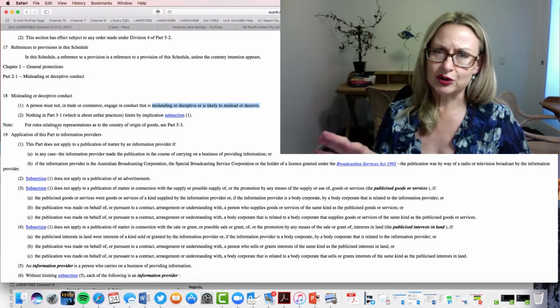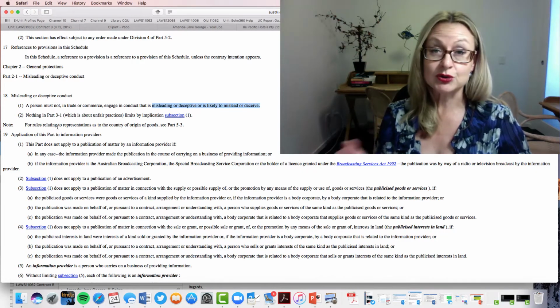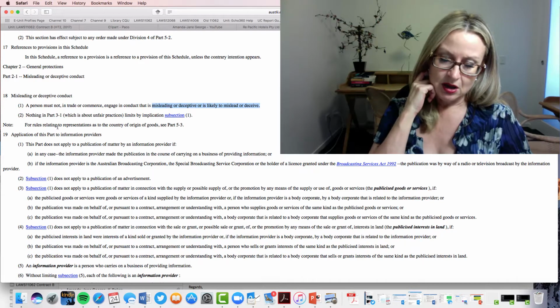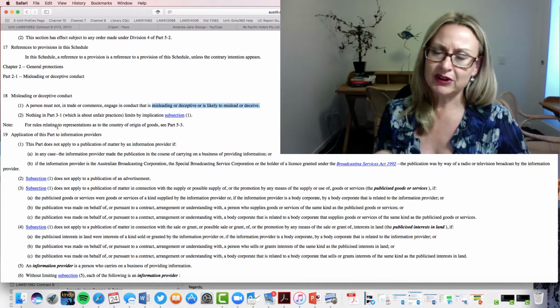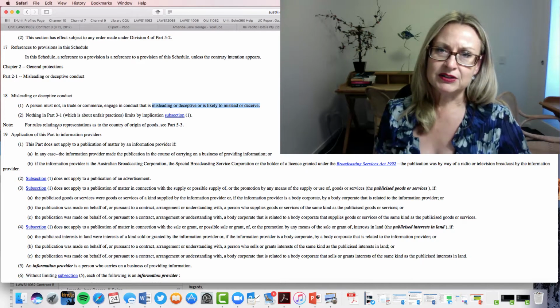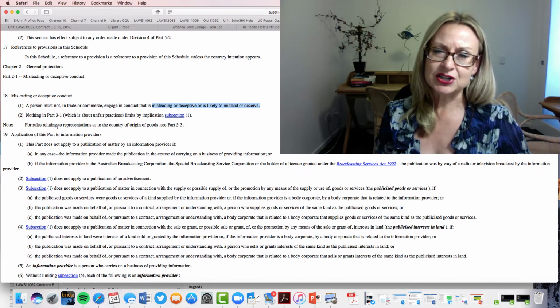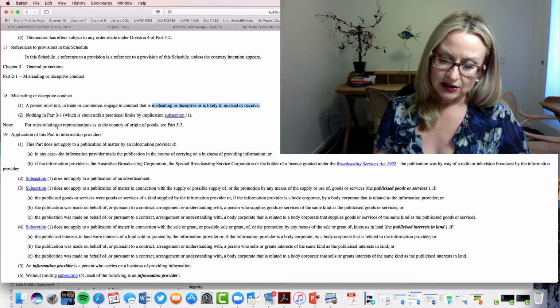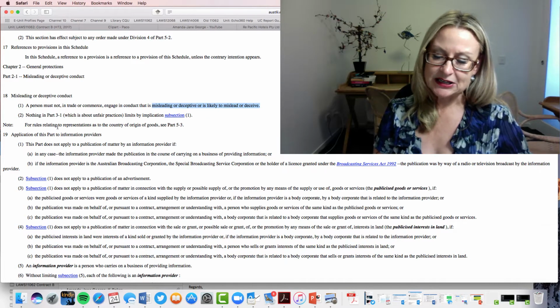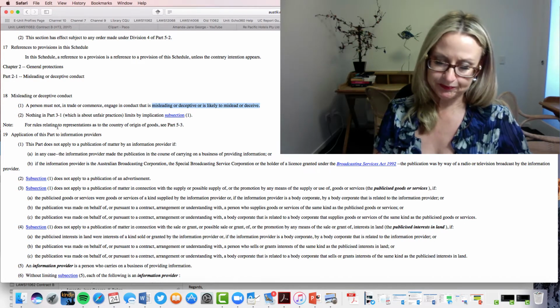You have to look at all the circumstances and weigh them up, as the courts normally do with this kind of thing. And you have to be able to conclude that as a sum of everything that's gone on, the conduct at issue was likely to mislead or deceive. It would tend to lead a person into error.